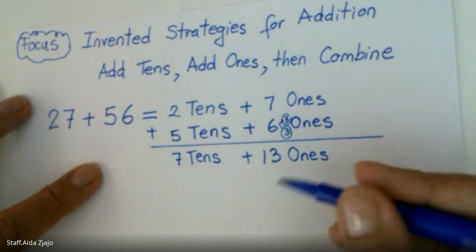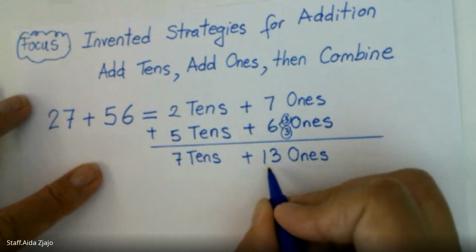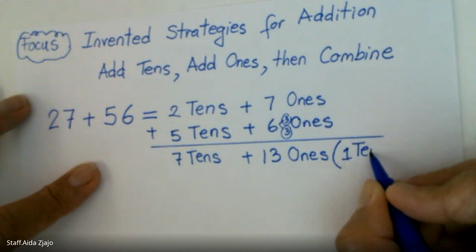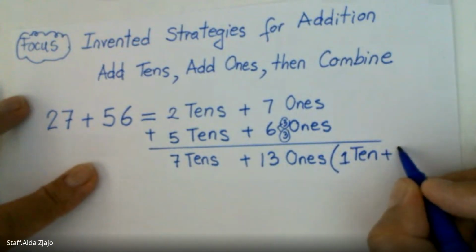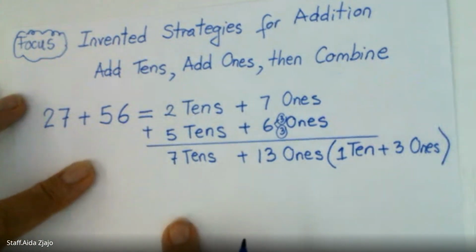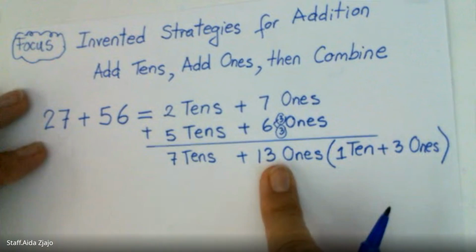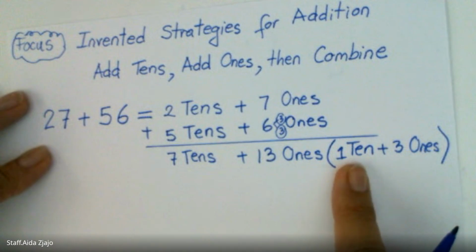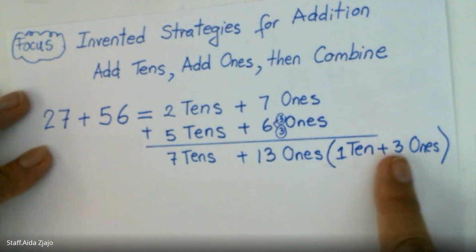So when I look at 13 ones, this means that 13 ones is actually 1 ten plus 3 ones. Now I can combine all that. I can say 7 tens plus one more ten, it's 8 tens, and then 3 ones.